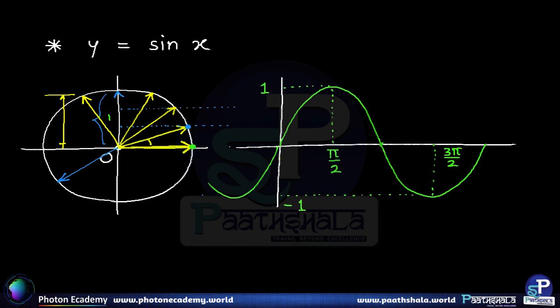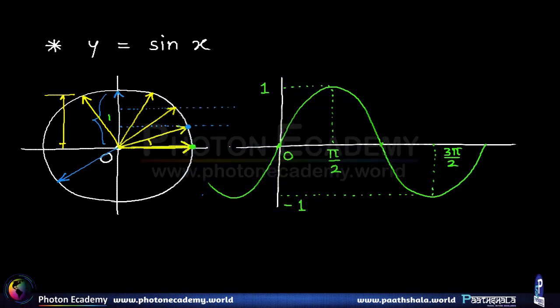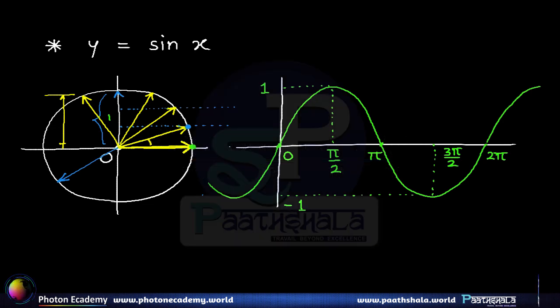Now the function starts off with 0 at angle 0, then it once again becomes 0 at pi, that is 180 degrees, and later on once again at 2 pi, and from this point onwards the function will repeat, simply because when that radius vector has rotated one full circle, when it goes ahead it will basically start tracing the same path again and again.